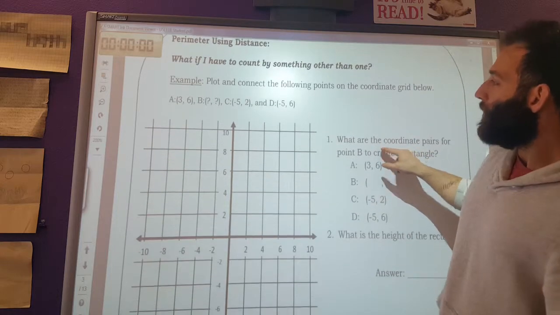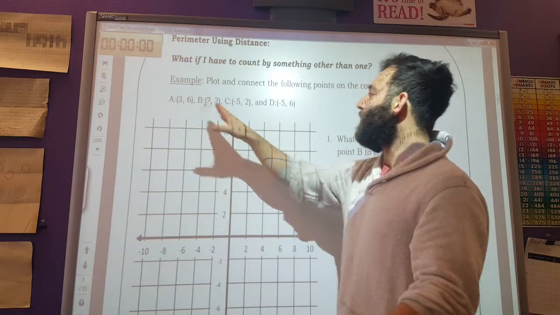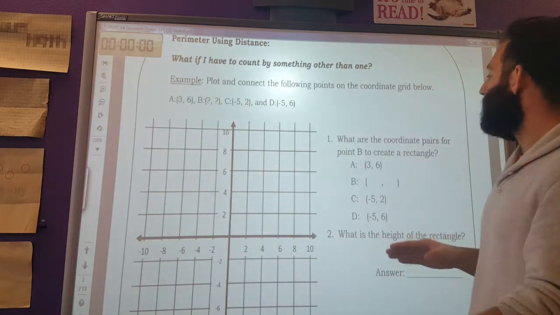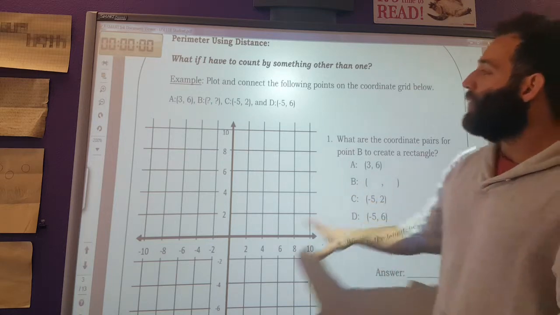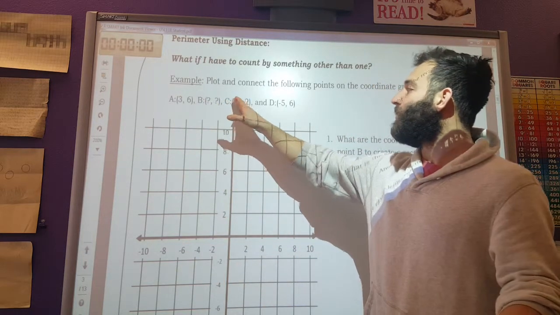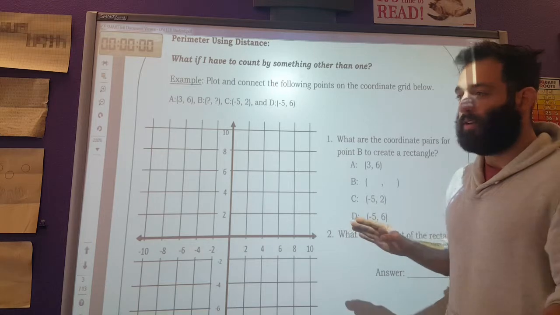So we're going to need to do something other than counting. So we have A, B, C, and D. And I would like you to go ahead and plot A, C, and D. Do that now.